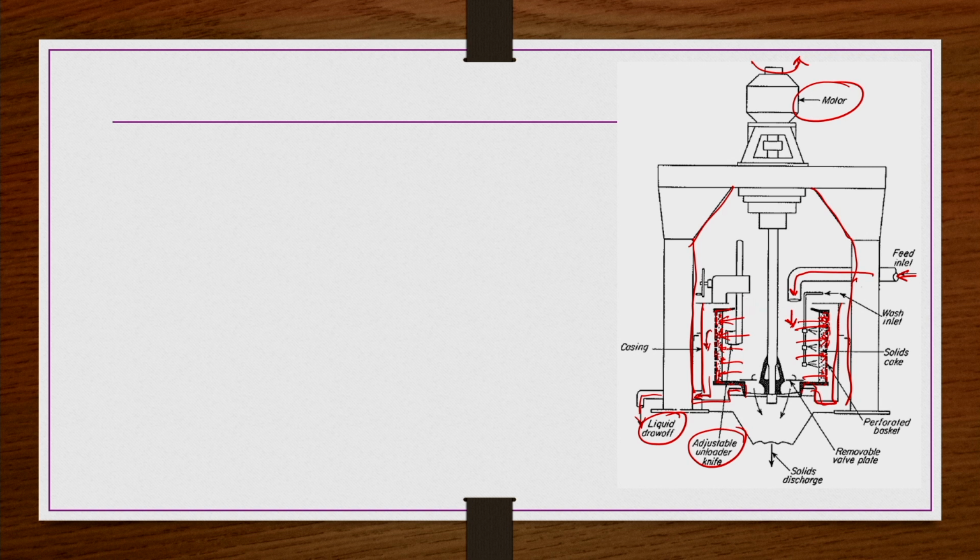When it moves up and down, whatever solids are there will be dislodged from the filter cloth or from the perforated wall of the bowl, and then they will be collected as a solid discharge.